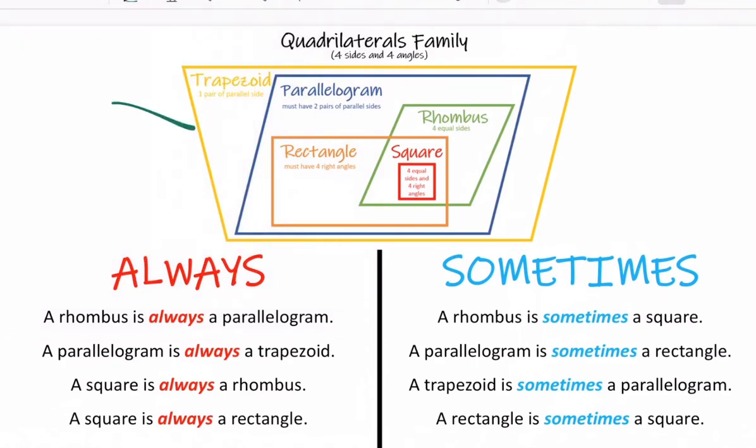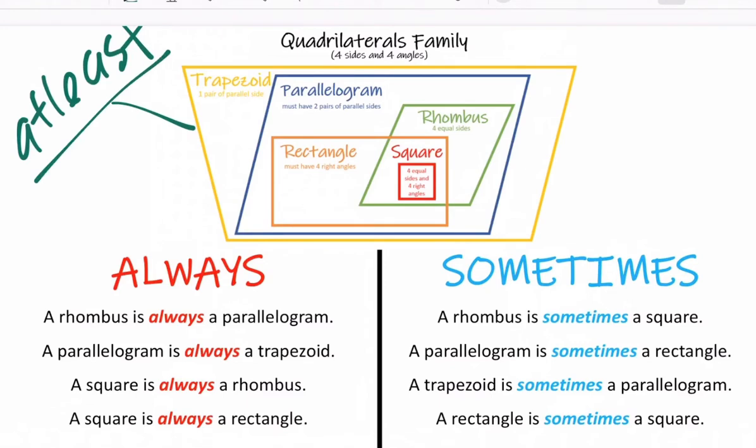This definition says at least, and words are funny because one word could change everything: at least one pair of parallel sides. You're going to run into a different definition on a different slide, so we'll get to it. But this is what we know.